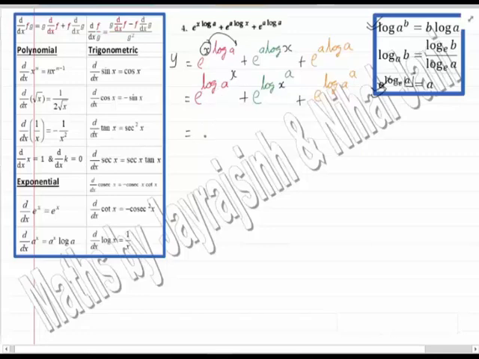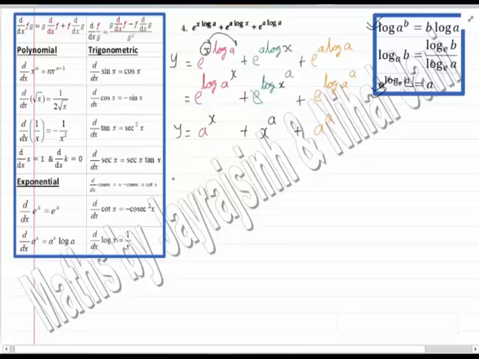So the first term will be a raised to x. Similarly, let's ignore e and log, so the second term will be x raised to a, and in the third term we are going to get a raised to a, right? So here we get the simplest form of the question.